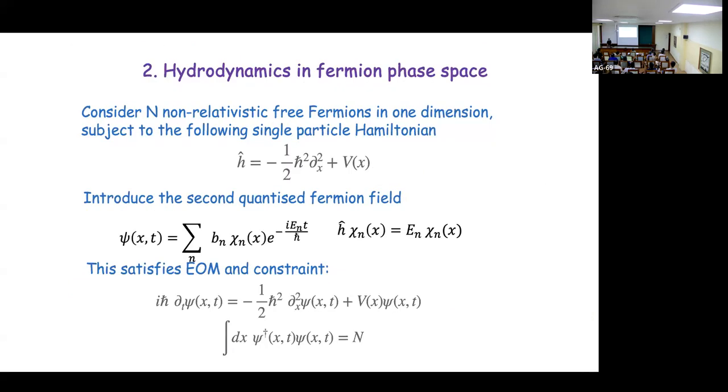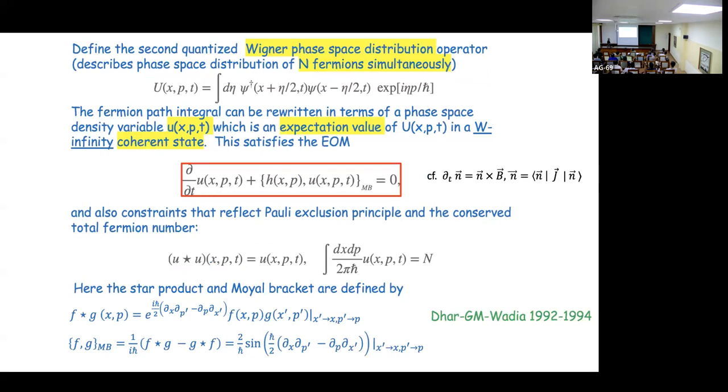Let's now look at this rather busy slide. So we first say the contents of this. I'm going to define a second quantized Wigner phase-space distribution. I'm going to explain all of this in the next few slides. This is an extension of the single particle Wigner phase-space distribution. I'll say what that is as well.